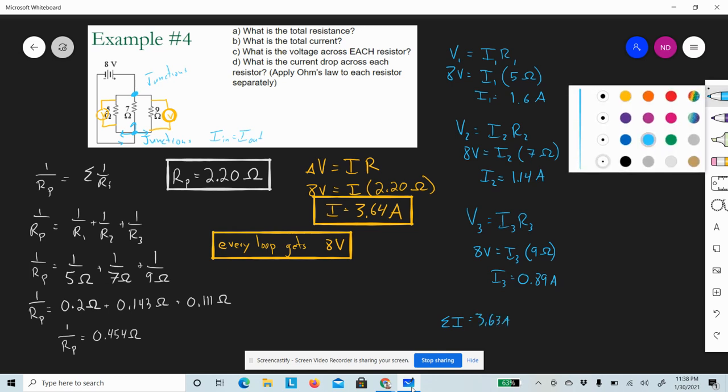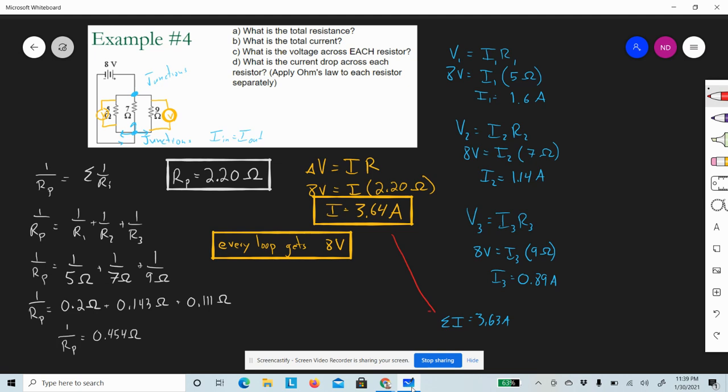There's a rounding issue for whatever reason, but hopefully you recognize that current in will be equal to current out. You should get the same results. This is a little bit more, and I just chopped it off. But that's how it comes up.